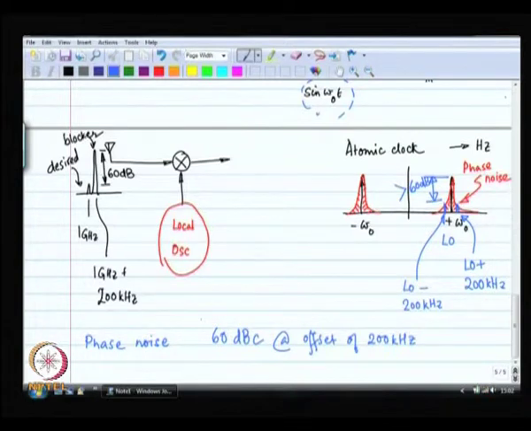So, how you talk about phase noise is like this: I need 60 dB with respect to the carrier, my phase noise has to be 60 dB less than the carrier at an offset of 200 kilohertz from the center frequency.